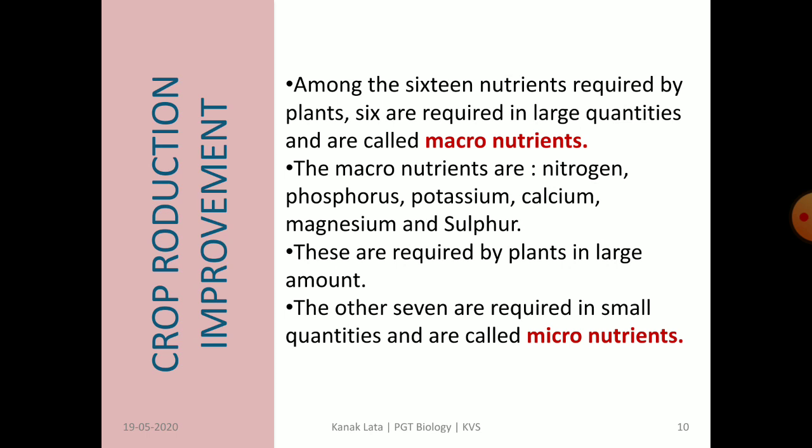The other 7 nutrients are required by the plants in small quantity, so they are called micronutrients. So what are micronutrients? Those nutrients which are required by the plants in a small quantity are called micronutrients. Now it is clear about macro and micronutrients.